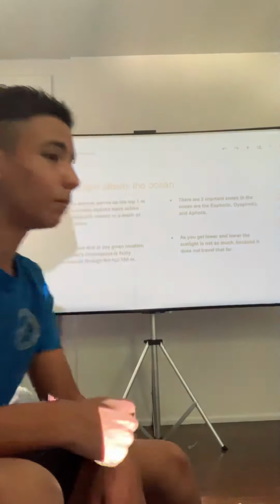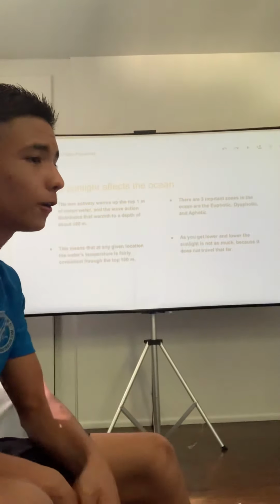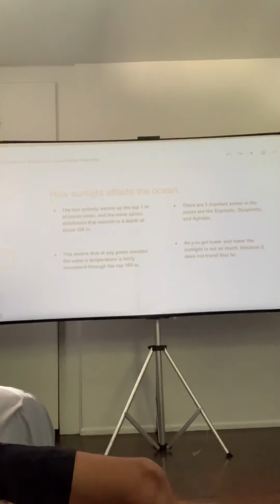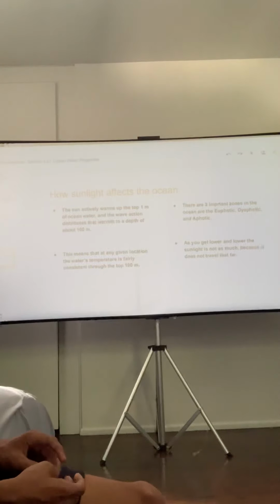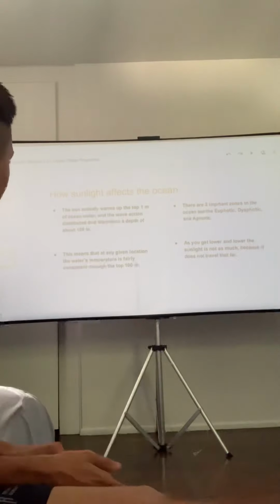So, how sunlight affects the ocean. For the first bullet point, I'm going to be talking about how the sun actively warms up the top 1 mile of ocean water, and the wave action distributes the warmth to a depth of about 100 miles.